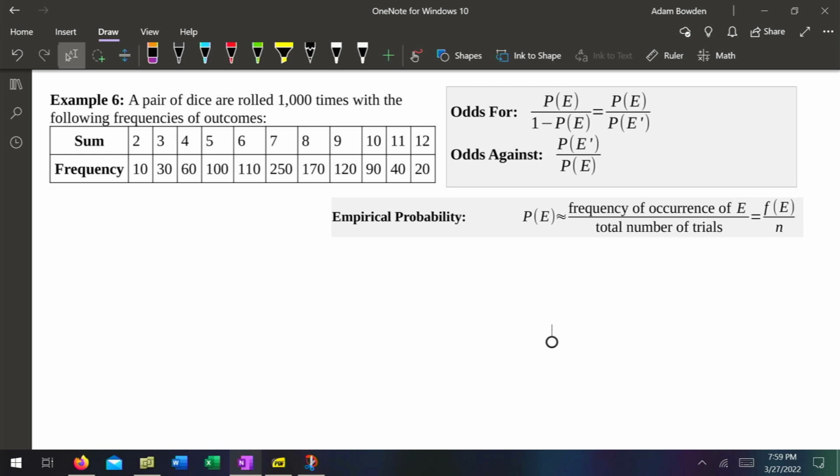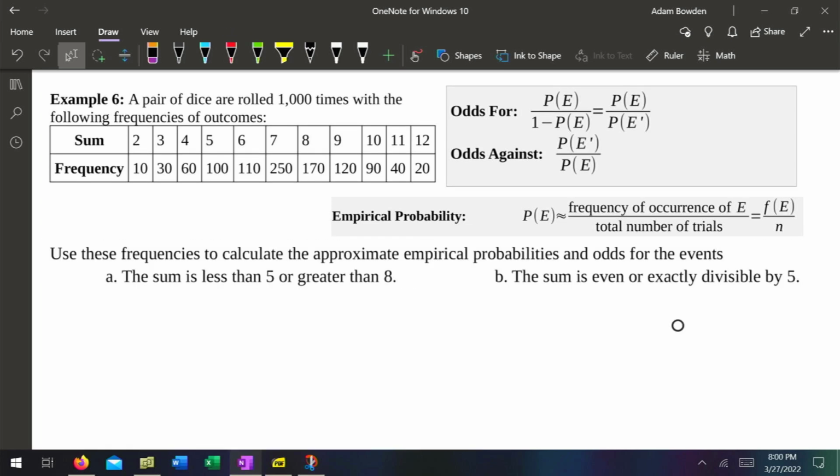How many times did the 2 dice add up to 2, 3, 4, 5, 6, 7, 8, 9, 10, 11, and 12? Those are the sums of the 2 dice, and you can see below the frequency, or how many times that sum occurred. What we're going to do here is use these frequencies to determine the empirical probabilities and the odds for the events below.